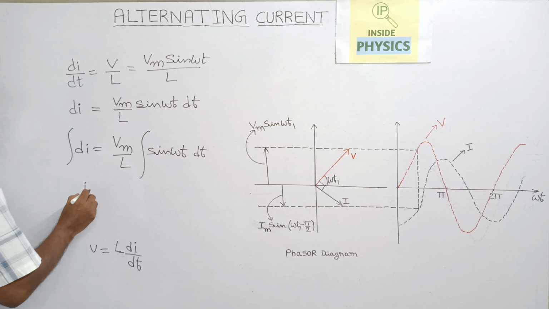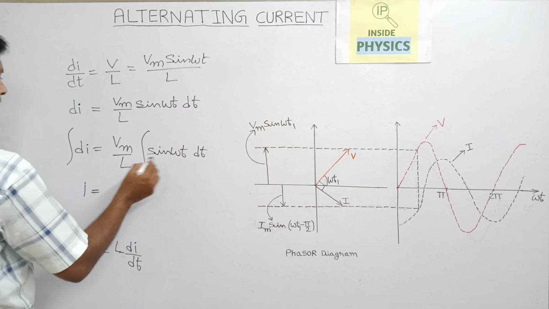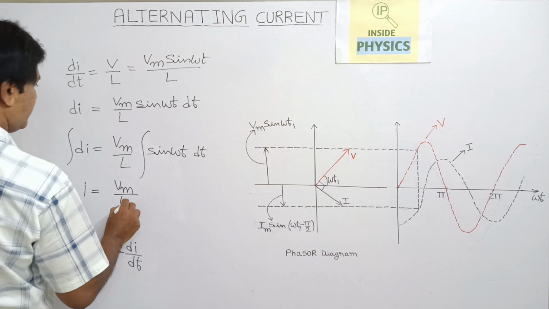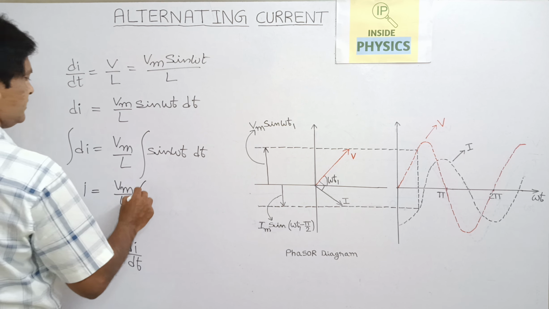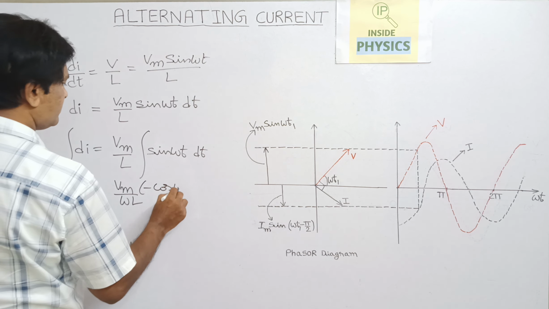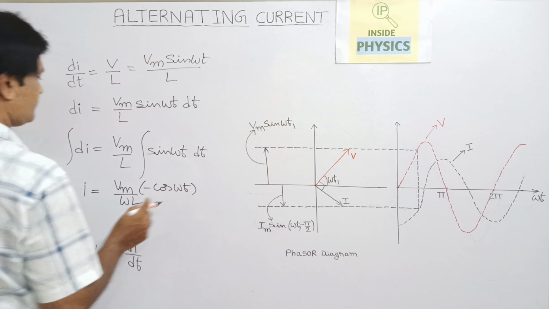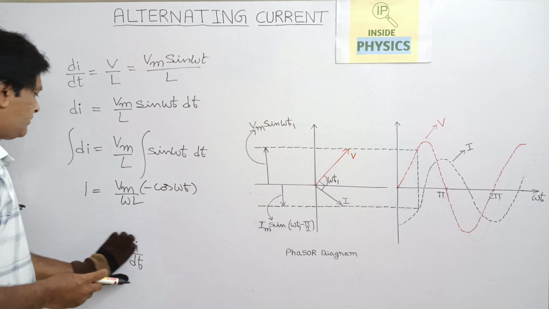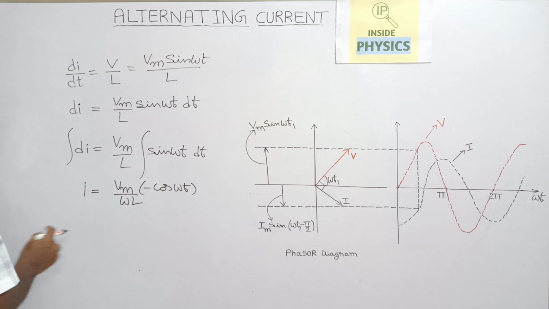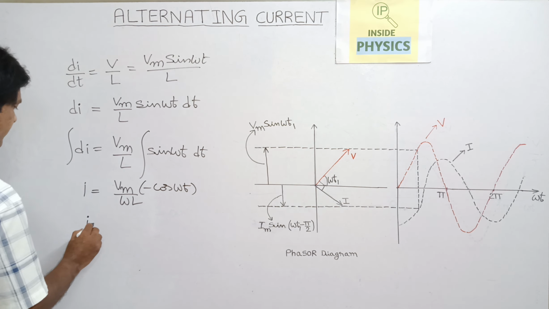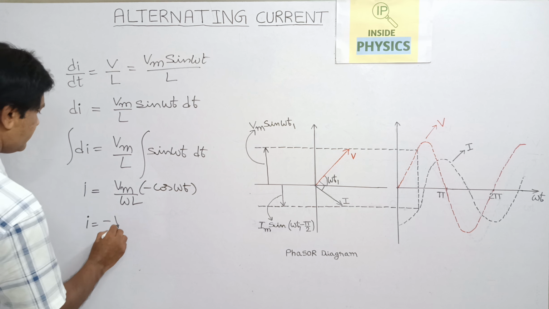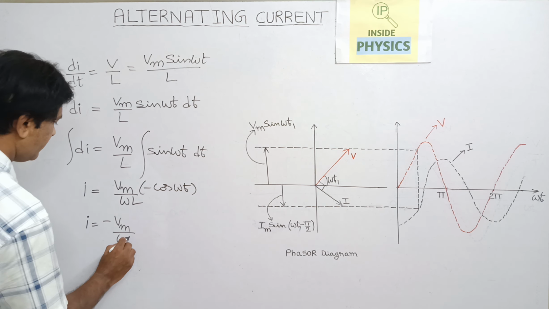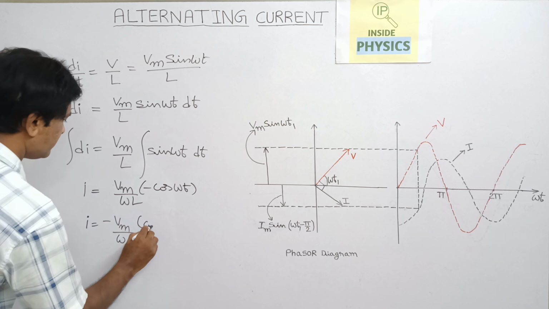The integration gives I is equal to Vm by omega L times minus cos omega t. So I is equal to minus Vm by omega L cos omega t.